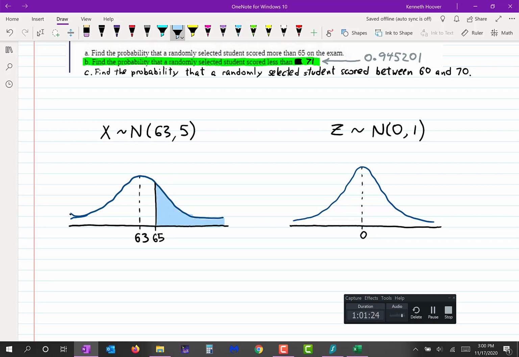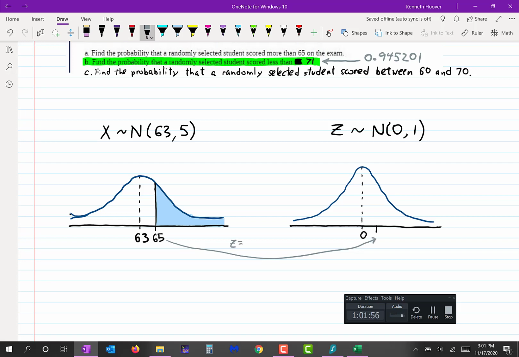How do you think we're going to do that? Here's what we're going to do. We're going to find this area, just like we did in the last problem, and then we're going to subtract that from 1, and that'll tell us this area. Okay? That's really the only way to do it. Okay, so we find the z-score for 65.